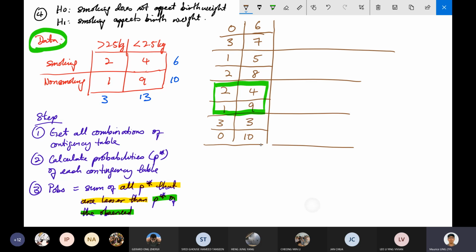So these are all the combinations that you have. Now, how do you find their respective probabilities? The respective probability is using this equation.